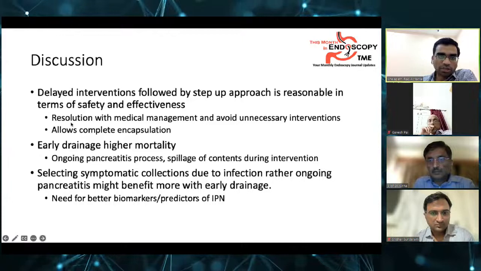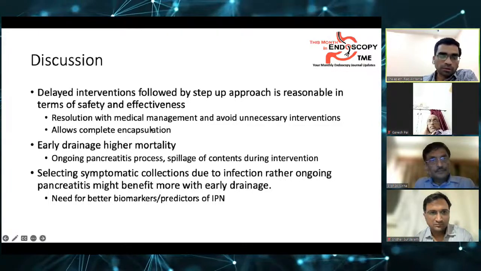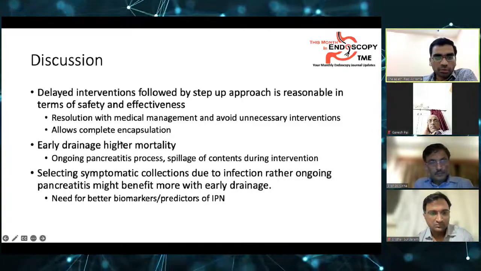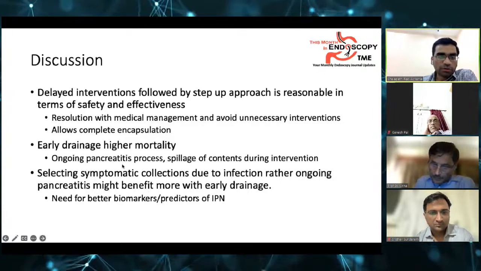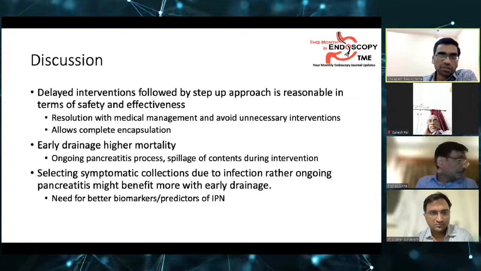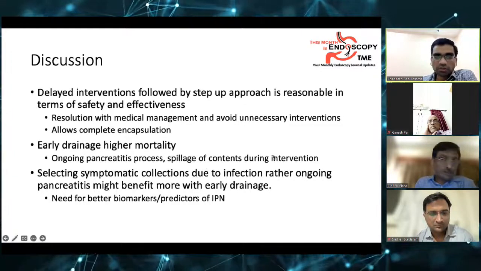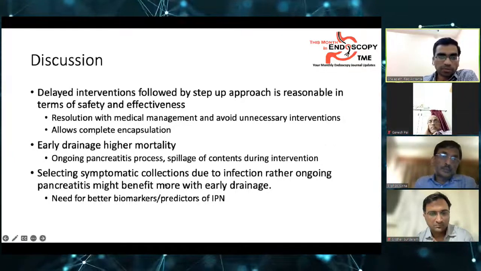When you delay the interventions, this allows complete encapsulation of the cavity. Early drainage carried higher mortality in this study. This can be because of the ongoing pancreatitis process. By intervening in these patients, the inflammatory process might be increased, and there can be spillage of contents during the intervention, causing more harm to the patient.